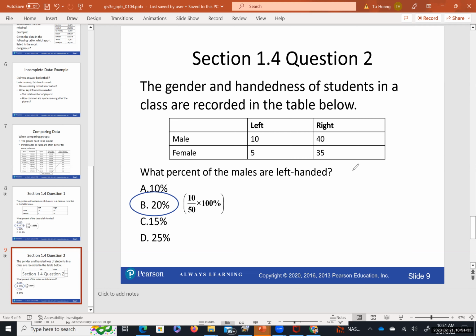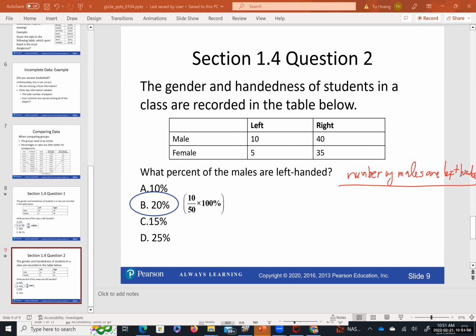So the number of male left-handed. Okay, but now you have to divide by the total.